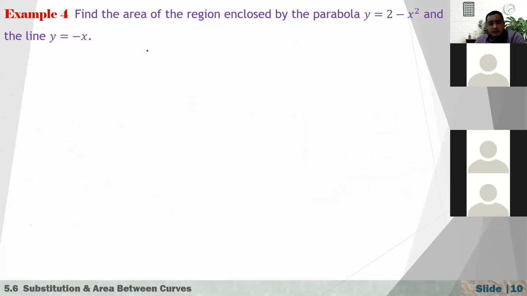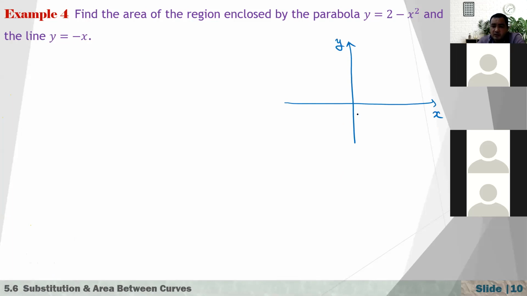Example: find the area of the region enclosed by the parabola y equals 2 minus x squared and the line y equals minus x. So first, of course, if you have a laptop or software, immediately we should draw this, and then consider it. If not, how can we do that? First, we need to find it algebraically. Because these are not so complicated, the first one is just a parabola, 2 minus x squared.